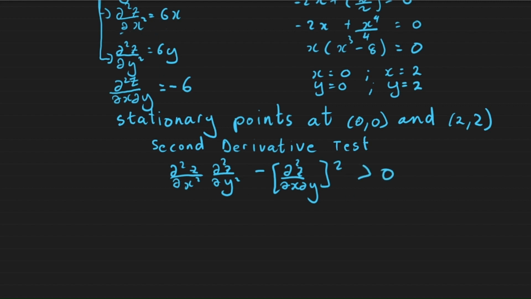So the mixed partial with respect to x, we consider first the point 0, 0. At point 0, 0, because that's our first stationary point, we substitute these values inside this inequality.